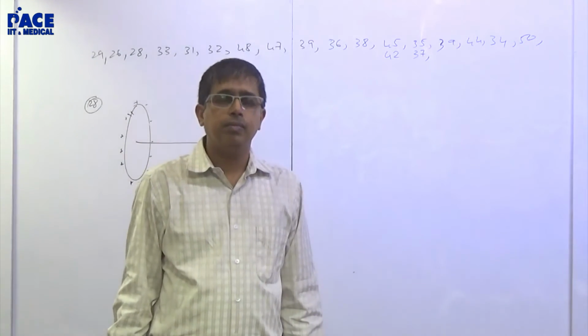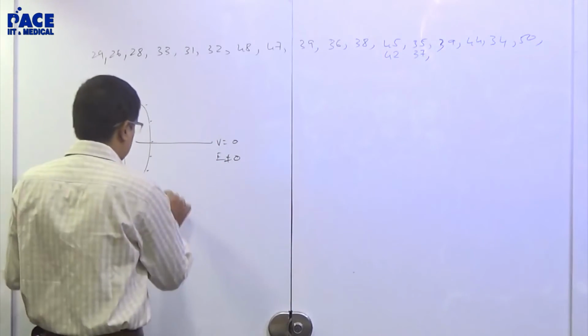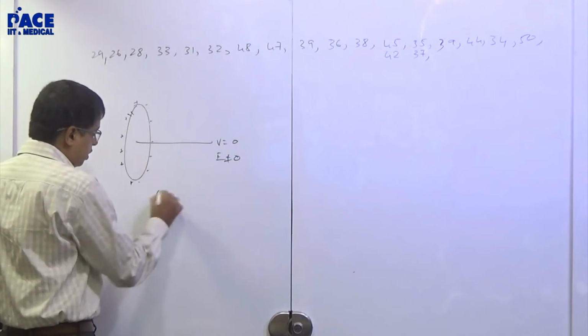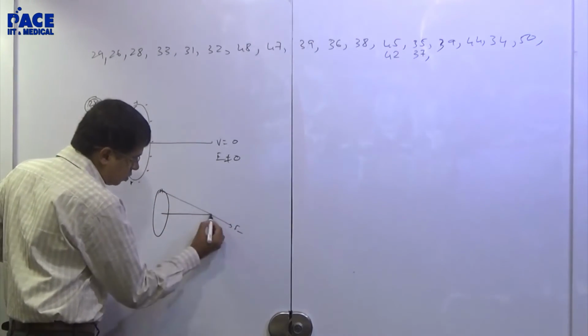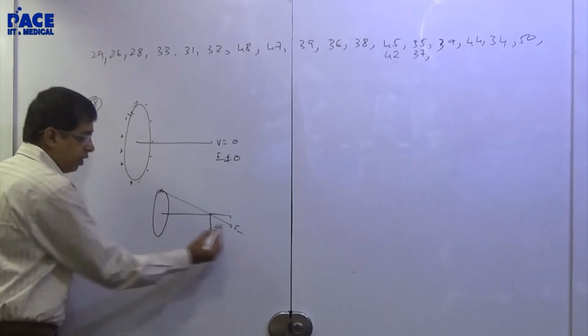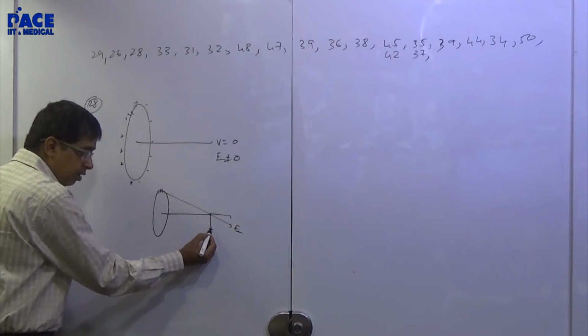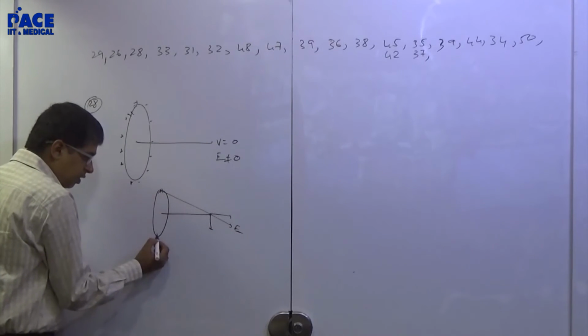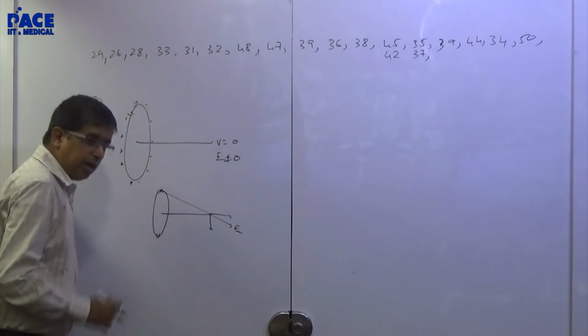Sir, can you please explain why the field will not be 0? Now also here, the D part. See, I will take a small element, because of this the field will be this way. It has horizontal and vertical components. Now vertical components will cancel out with the component on the other side if and only if both charges are equal.